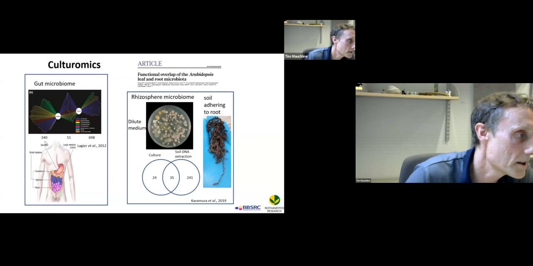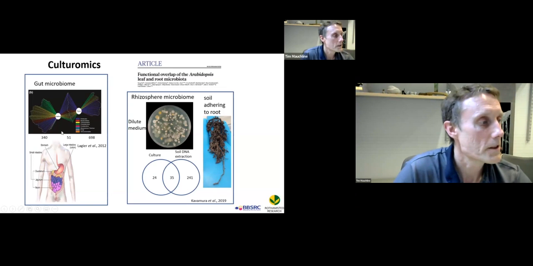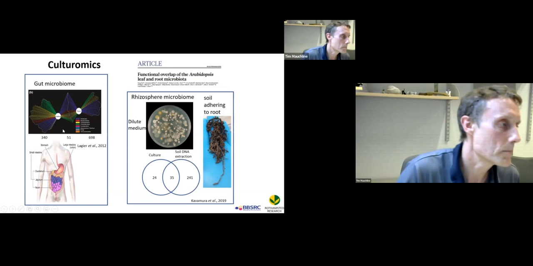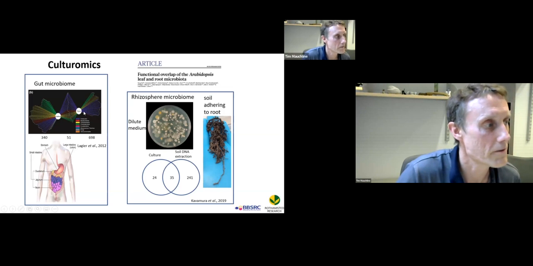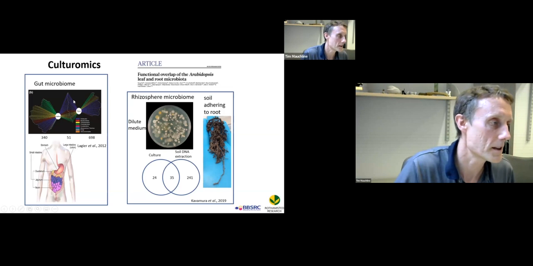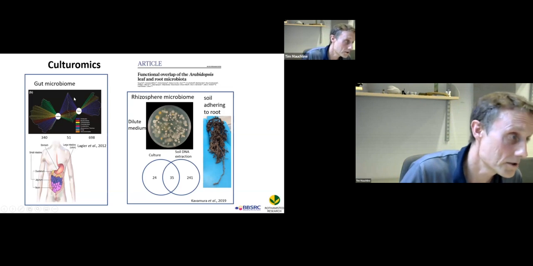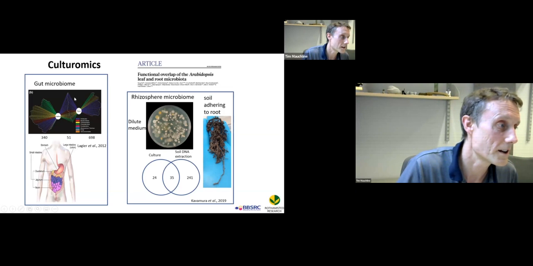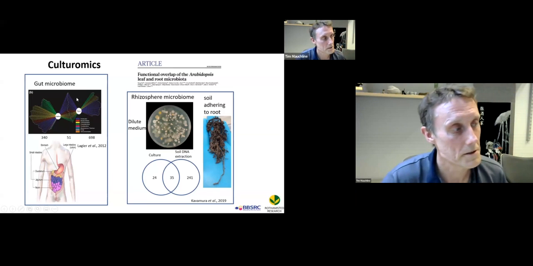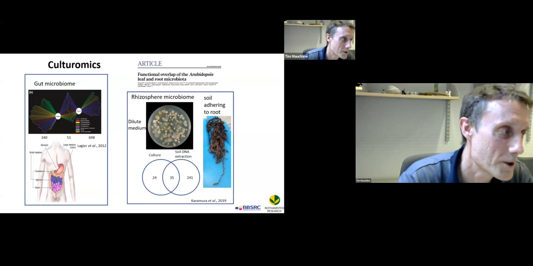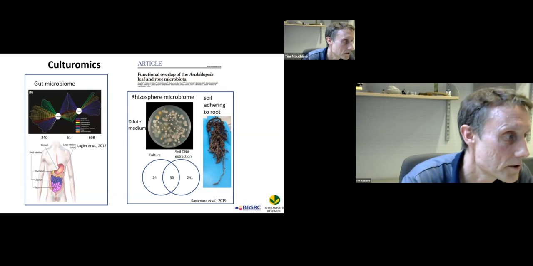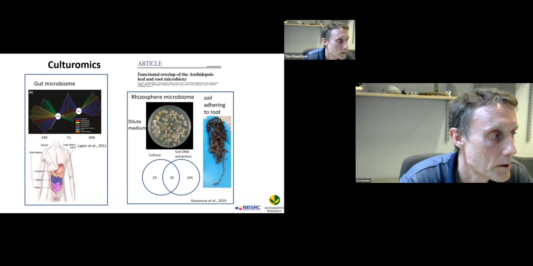We can see in this figure the overlap between the culture-based retrievable microbiome and that of the culture-independent methodology. But there are also elements in the culture-independent approaches which are not picked up in the culture-dependent approach, and vice versa. So this just goes to show that both methods are important.